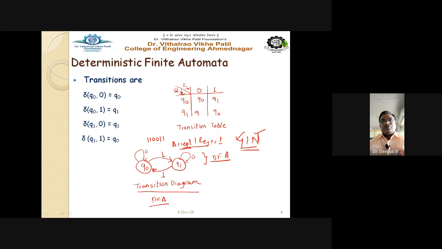Whether this automaton accepts a string having an even number of ones, yes or no. This sort of answer we are getting because the DFA and NFA, the finite automata, are not designed for producing any kind of output. Finite automata with output are different machines, called Mealy machines and Moore machines, which we will discuss later. For the time being, just remember this transition diagram is nothing but your DFA.